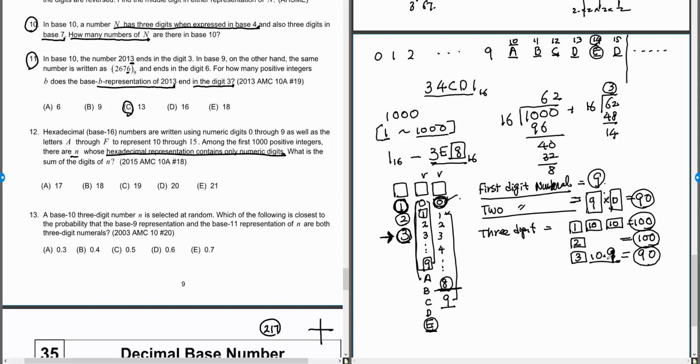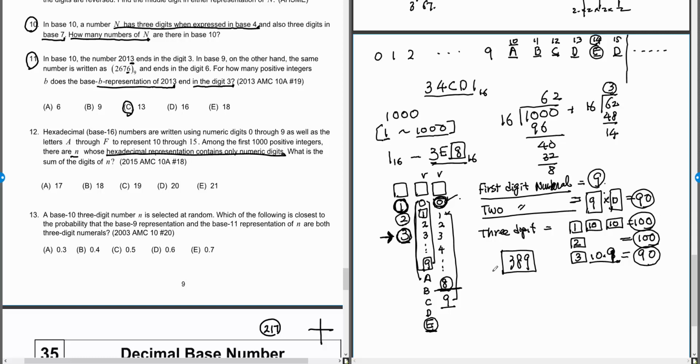Let me see the last numbers. Yeah, this is true, okay. This is 200, 180, 389, right? Yeah, 389 numbers satisfy the conditions.